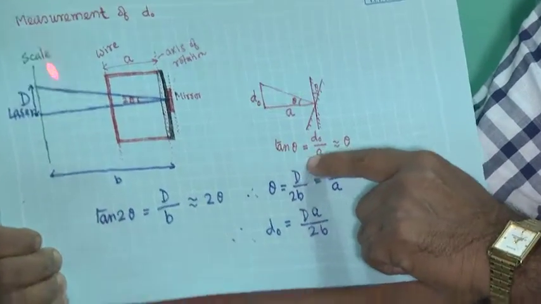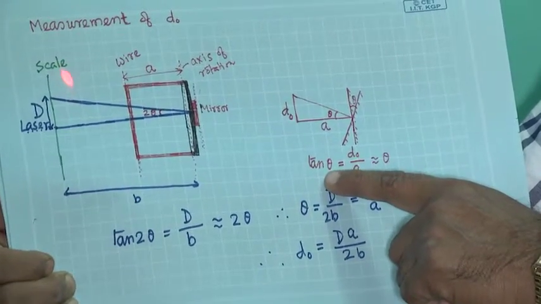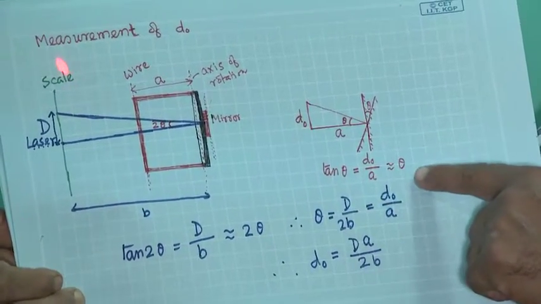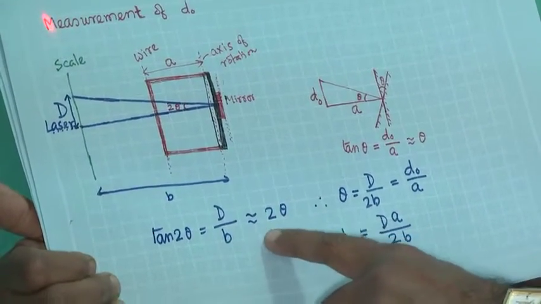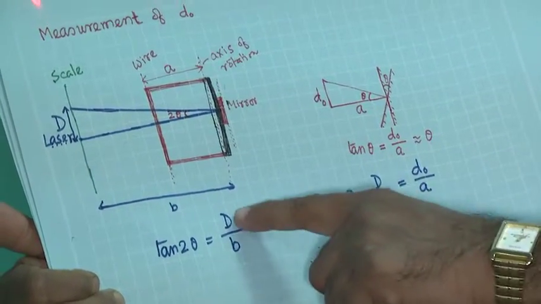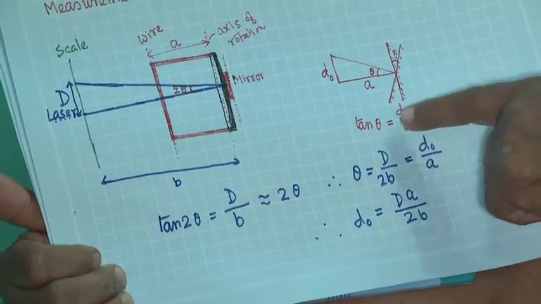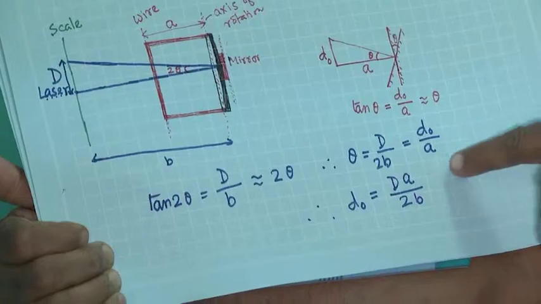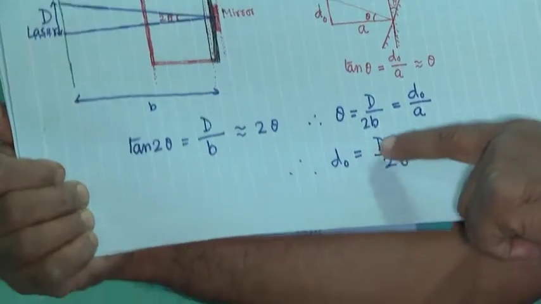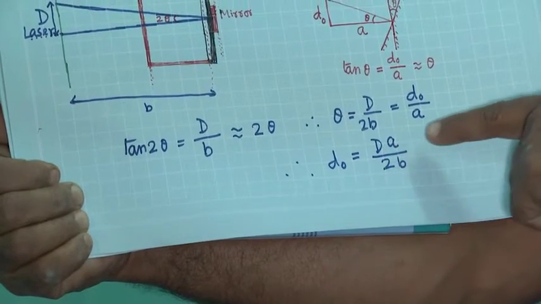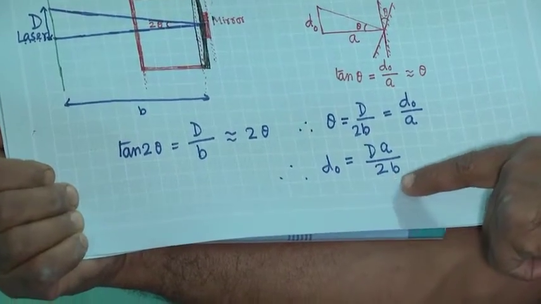So tan theta will be d0 by a. For small angle theta, tan theta we can write as theta. So from here you get theta equal to D by 2b equal to d0 by a. So from these two, d0 is equal to capital D times small a divided by 2 small b.